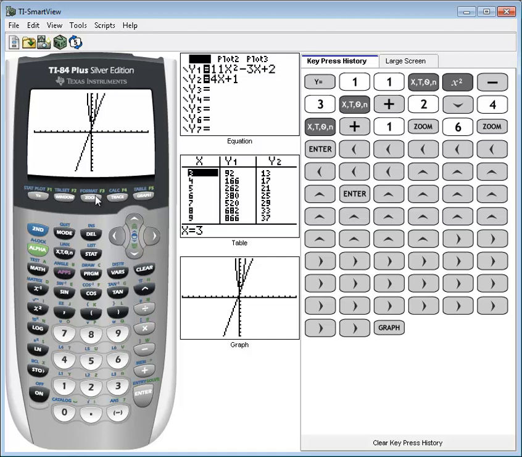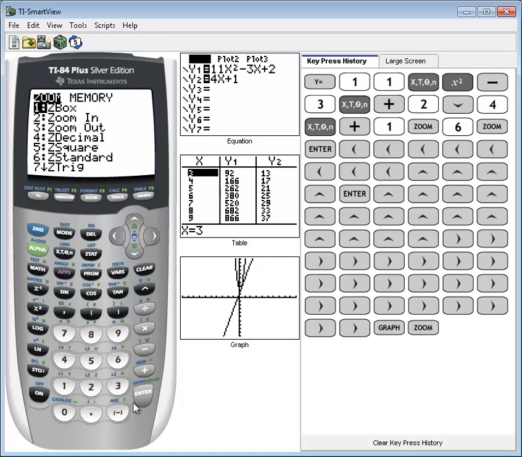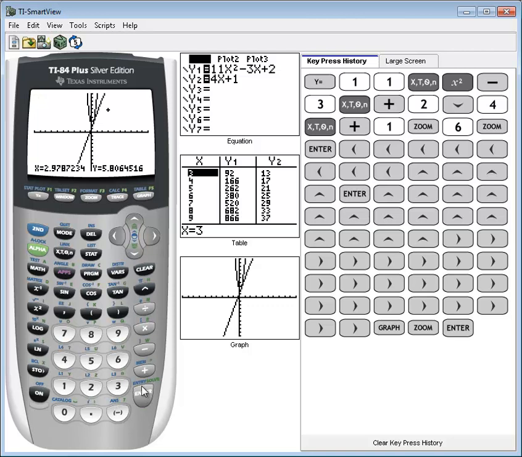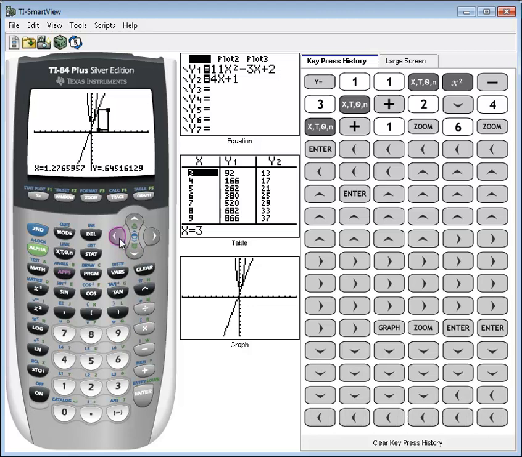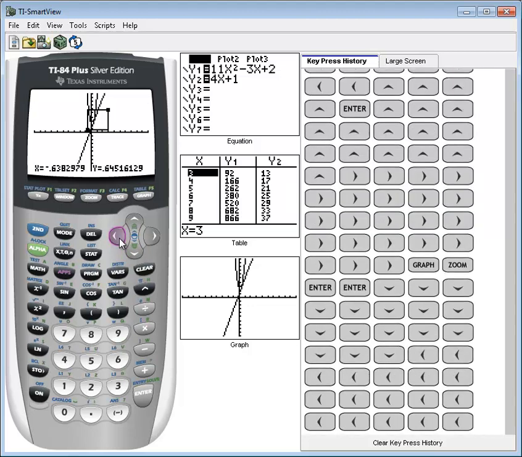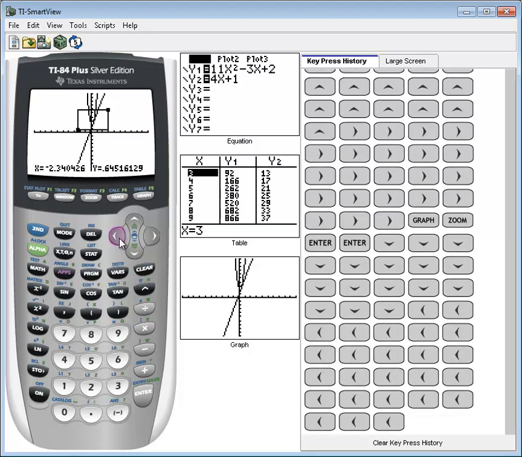And looking at it, I hope this is going to work. Whoops, I didn't do that right. So zoom box again. So I'm up here, I'm going to press enter for this. I forget to press enter. I'm going to go a little further down than I did last time. And then across. And now I'm going to press enter again.